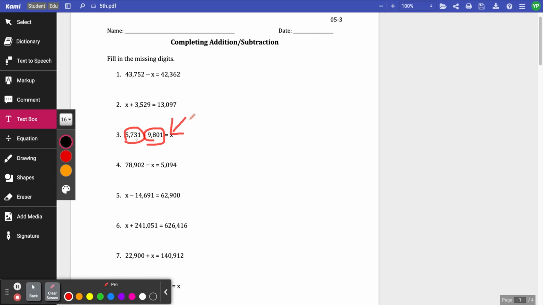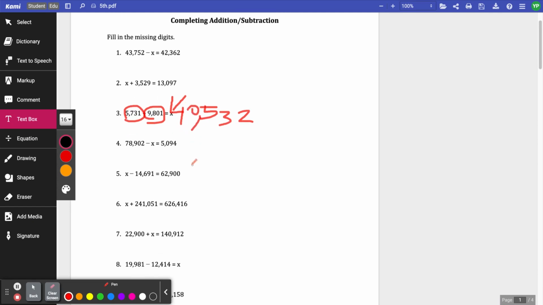For this question, you already know, you just have to add. I'm not going to write it down, but it's going to be 1 plus 1 equals 2, 0 plus 3 equals 3, 8 plus 7 equals 15, so you move on to the other side, and it's going to be 9 plus 5 plus 1, which is 10. And you get 10,532.